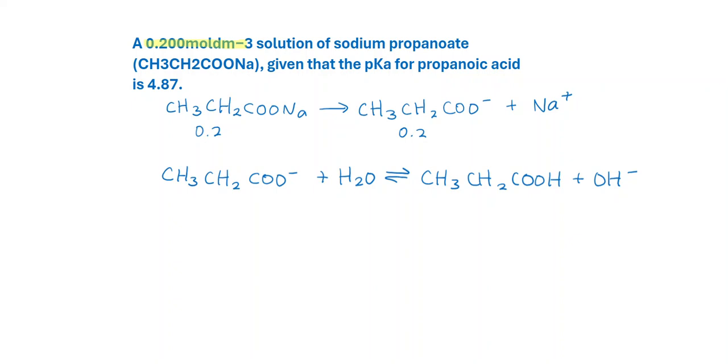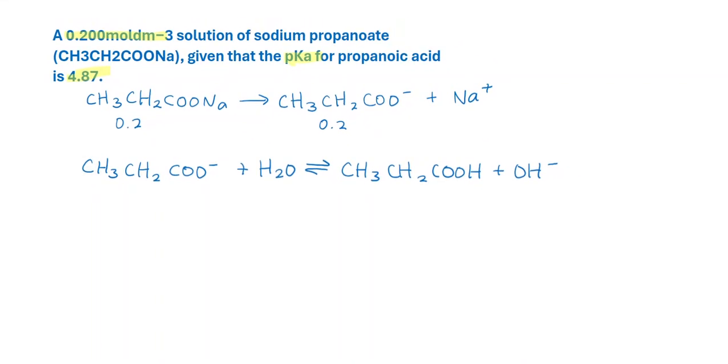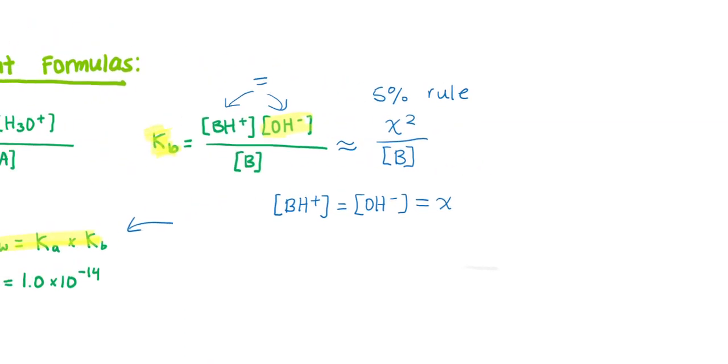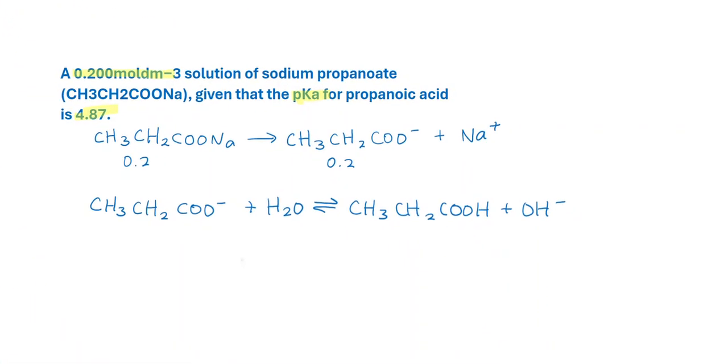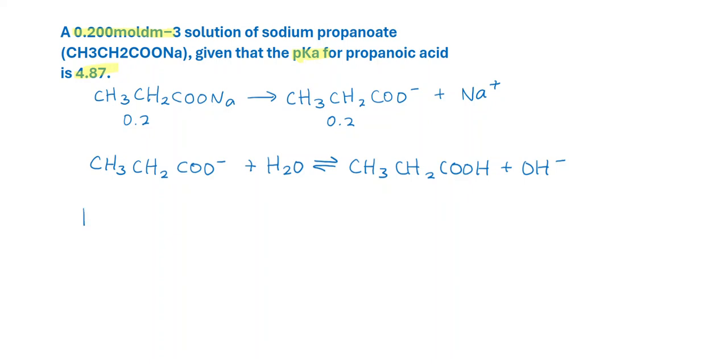And then again, they give us pKa, which is 4.87, and we can use that to find the Ka using, not that formula, we can just do the Ka is going to be 10 to the minus 4.87, which should give you 1.35 times 10 to the minus 5.